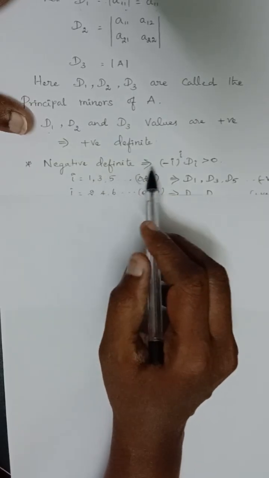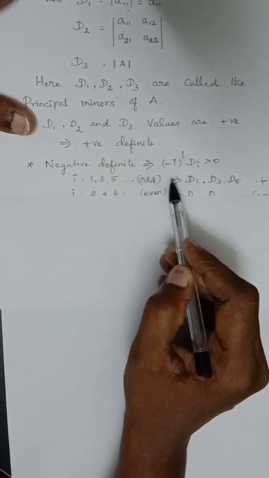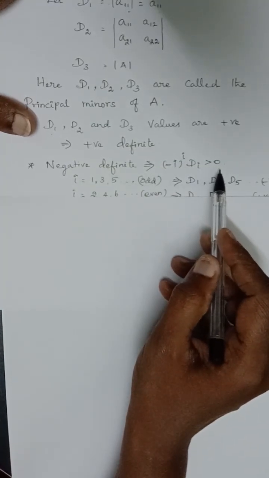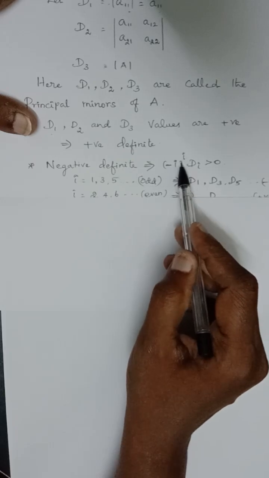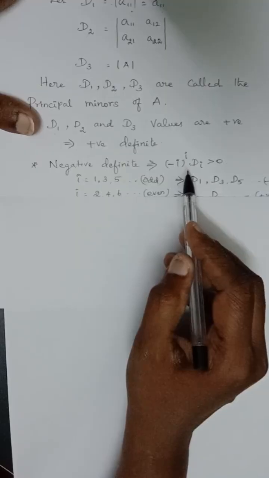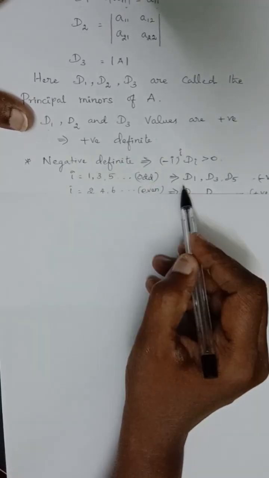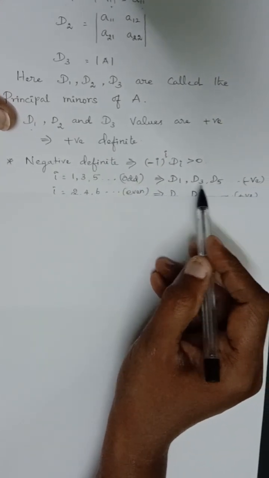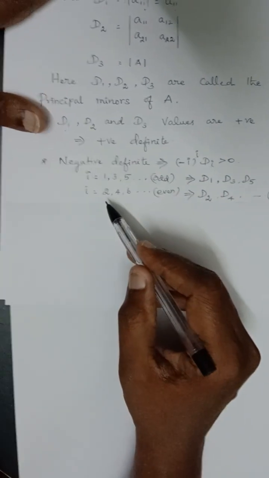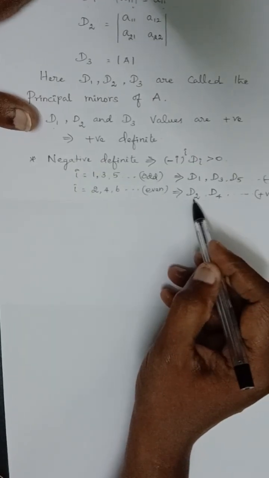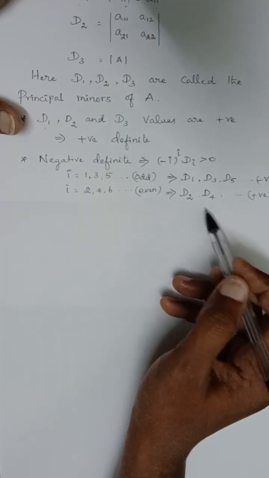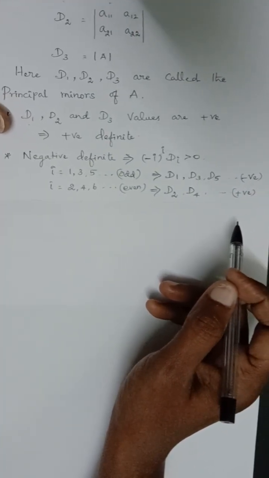Negative definite means it satisfies the rule: minus 1 to the power i times Di is greater than 0, where i is 1, 2, 3, etc. Whenever I put i equal to an odd number 1, 3, 5, that is D1, D3 and D5 become negative values, and whenever I put even numbers, D2, D4 are positive. So odd-numbered minors negative and even-numbered minors positive means negative definite.